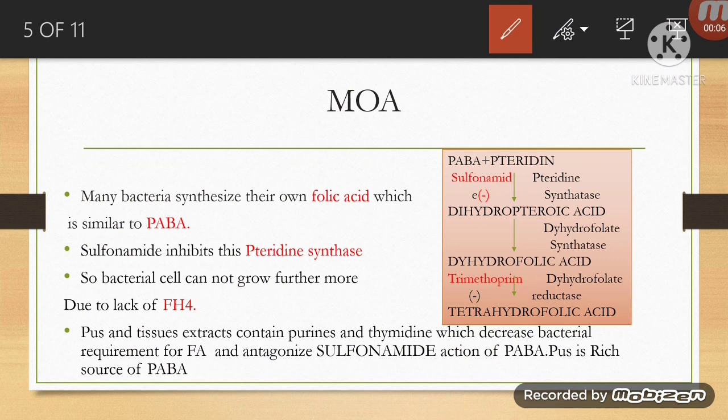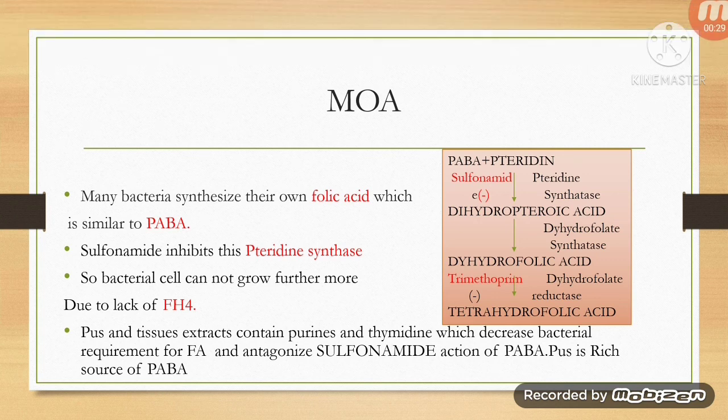So we should know the pathway. First, PABA, para-aminobenzoic acid, and pteridine, in the presence of pteridine synthetase, convert to dihydropteroic acid.